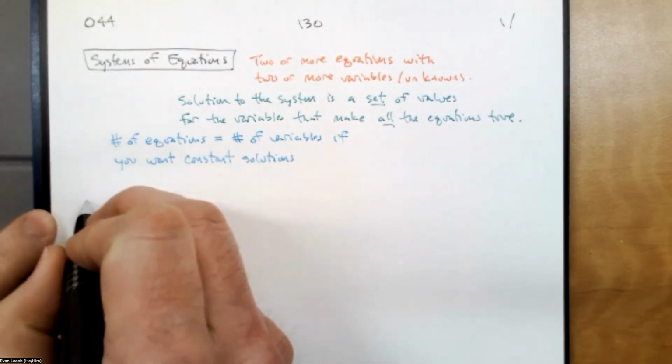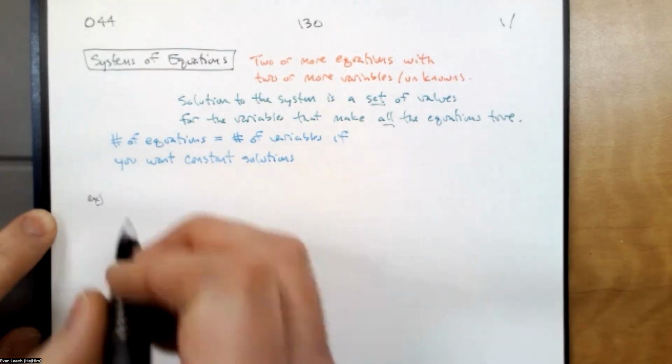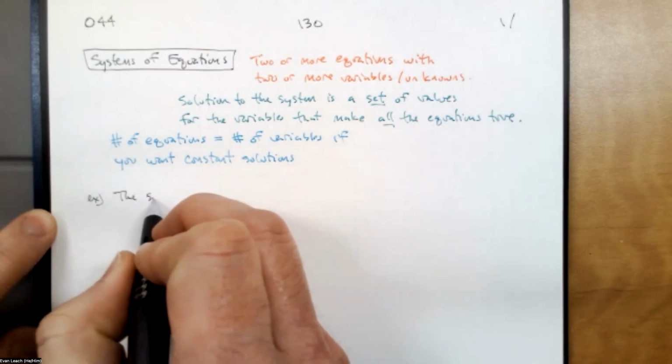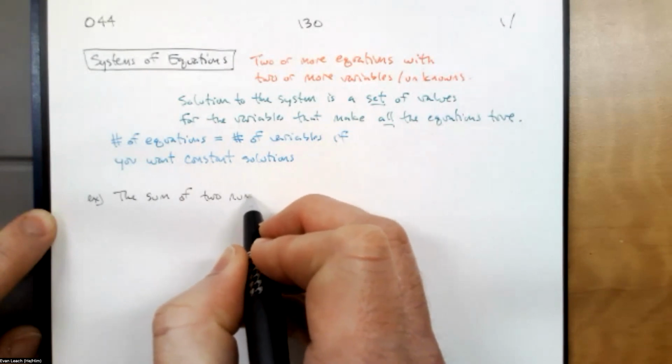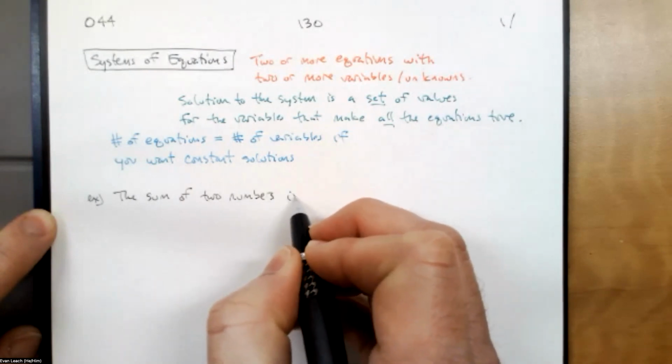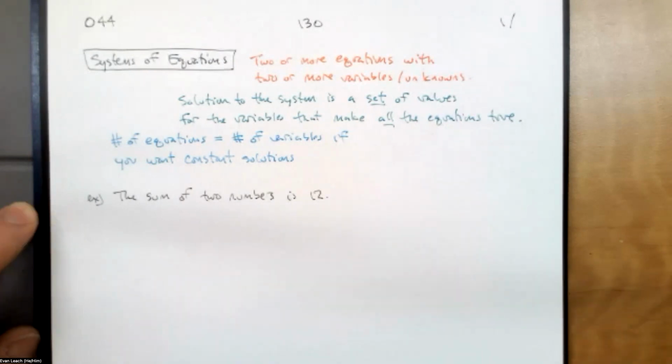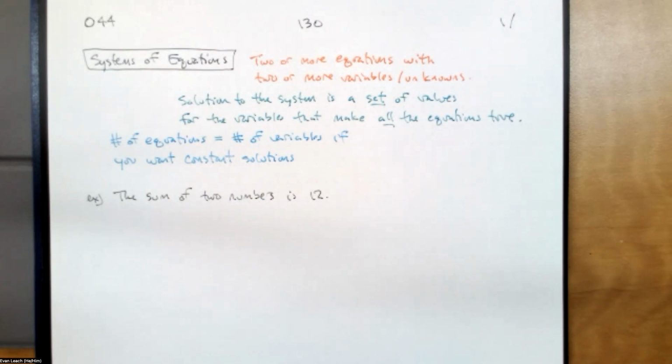So for example, let's suppose I have this statement: the sum of two numbers is 12. This sentence corresponds to an equation.